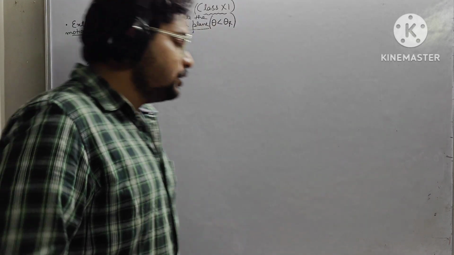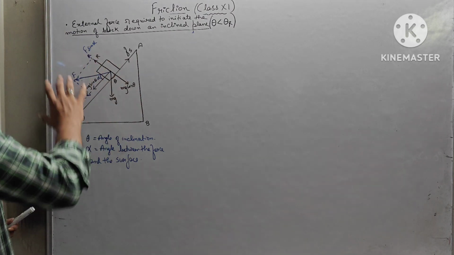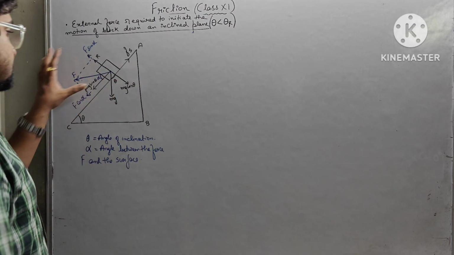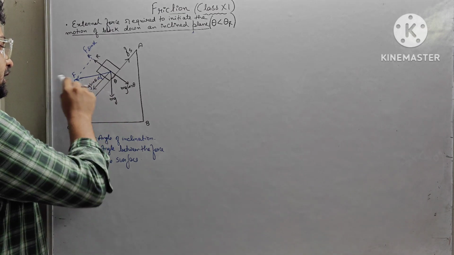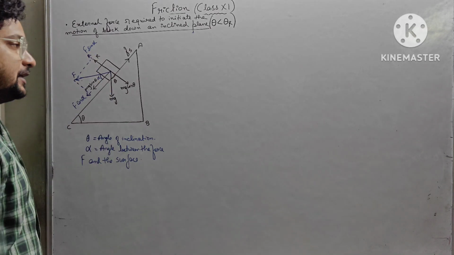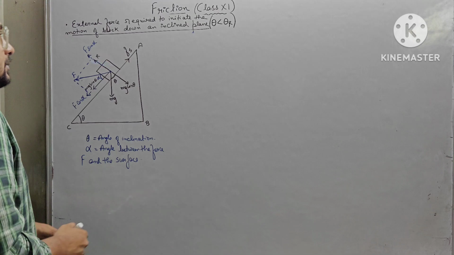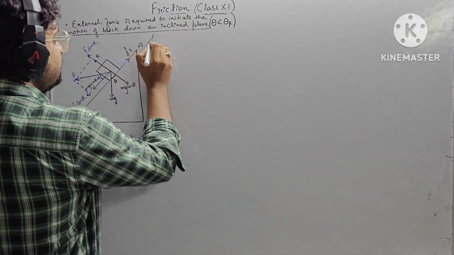Fine. Okay. Let us see what are the forces that are acting on the body. So these are the forces which are acting on the body: mg cos theta, mg sin theta, F cos alpha, F sin alpha. Okay. So at equilibrium, what is going to happen?